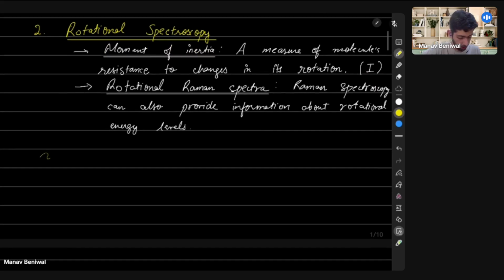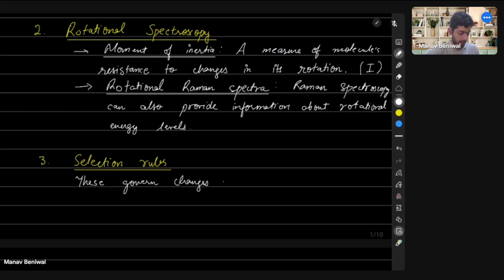Finally, there are a few more things, like selection rules. These govern changes in v and J, which are the vibrational quantum number and rotational quantum number, and help in determining allowed transitions.